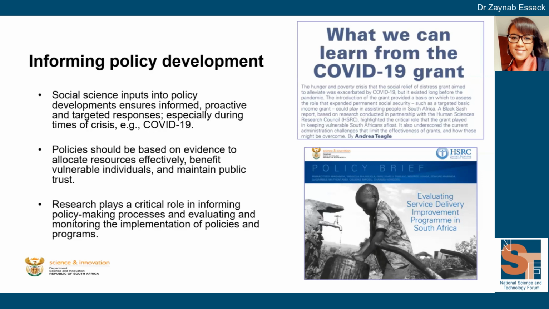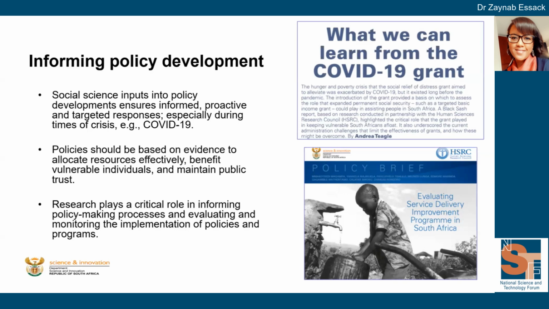Our research, our social science research, aims to inform policy, and we make these inputs into policy developments to ensure that they are informed, proactive, and targeted, particularly, for example, in times of COVID. We did lots of COVID work and had lots of government engagements about things like the COVID-19 grant.